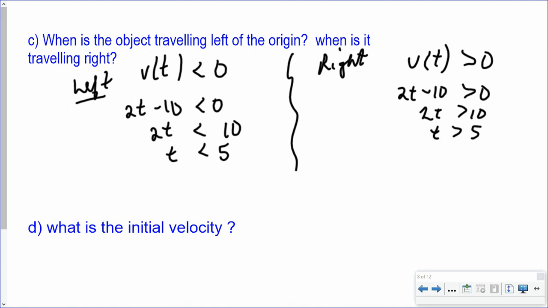So t at 5 looks like it's sort of the turning point, I guess, if we can use that word for a function. It stopped before it reached 5.